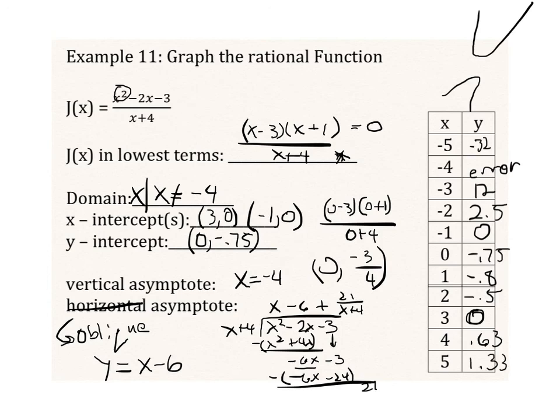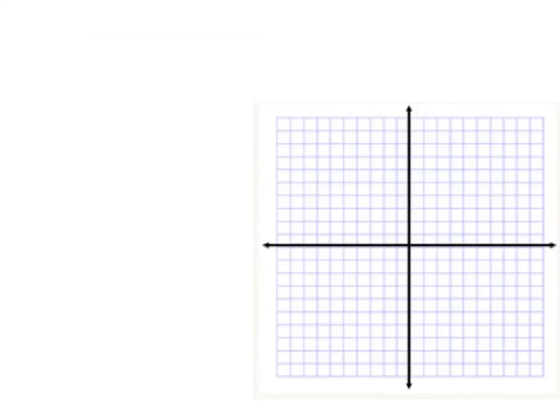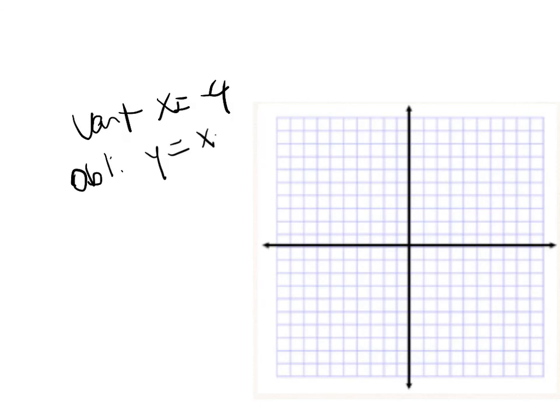So the key thing I really want to see on something like this is being able to draw your asymptotes. You have a vertical at x equals -4 and an oblique at y equals x minus 6. So in red again, -4.